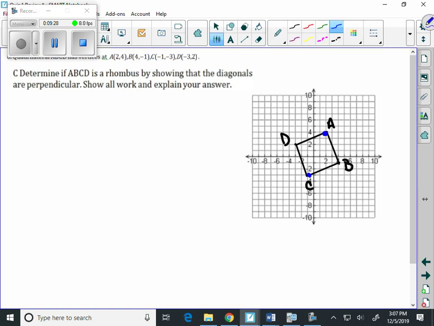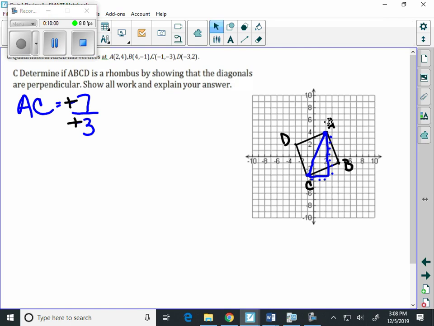Here's A, here's C. I'm going to just look at that one right now before I jumble up the picture anymore. We're looking at the slope: 1, 2, 3, 4, 5, 6, 7, and then left 3. So we went down 7, we went left 3. And again, negative divided by negative is a positive. There's our slope for that diagonal.